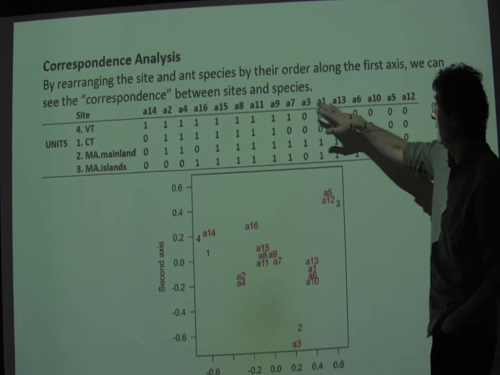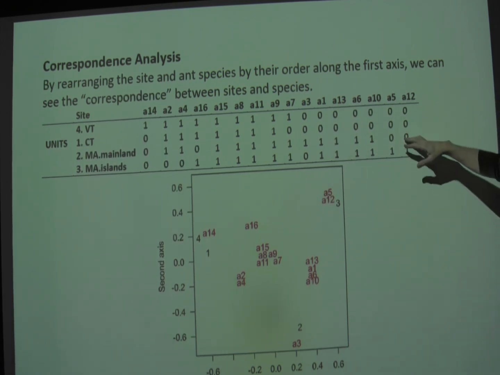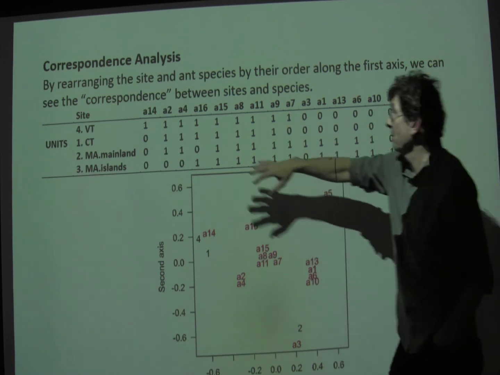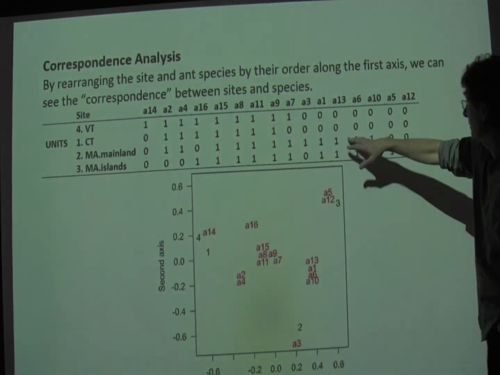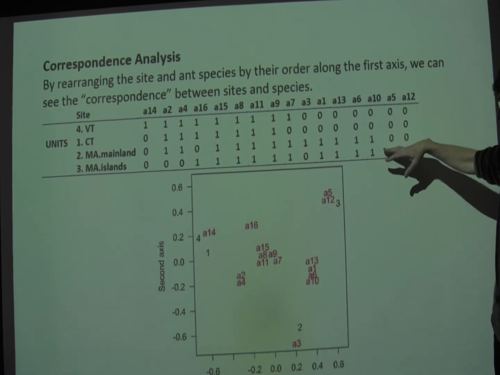Sites 4 and 1 tend to lack the same species as well. Whereas site 2 is a little bit noisy. It shares something in common with Vermont and Connecticut, but then it has all these species and tends to be more similar to site 3.